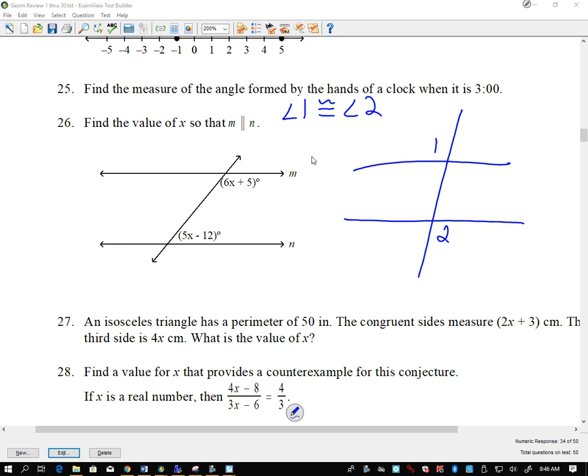All right, so if angle 1 is congruent to angle 2, how do I know that the two lines are parallel? Converse of the alternate exterior angles theorem. Because I'm trying to prove that the lines are parallel. Anytime I'm proving that the lines are parallel, I'm going to use the converse. So if it says prove these lines are parallel, you use the converse.